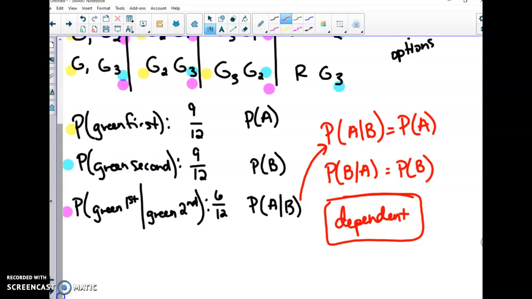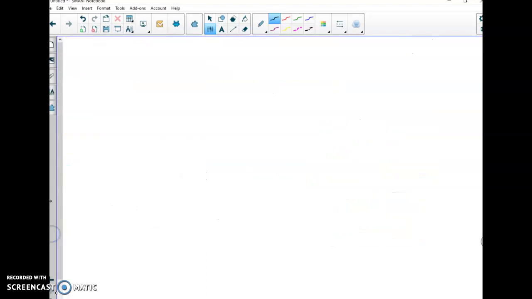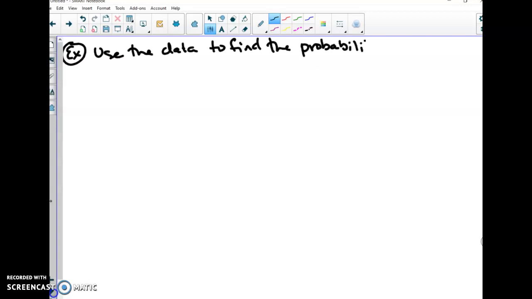The next one. So we'll actually look at some actual numbers based on a table that we have. So use the data to find the probabilities. This will have a couple situations with it. So let's say we've got exercise, cold, no cold, no exercise.